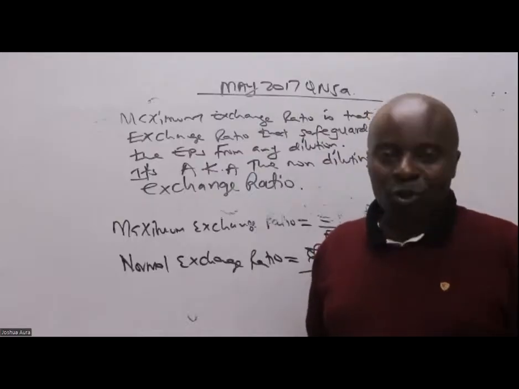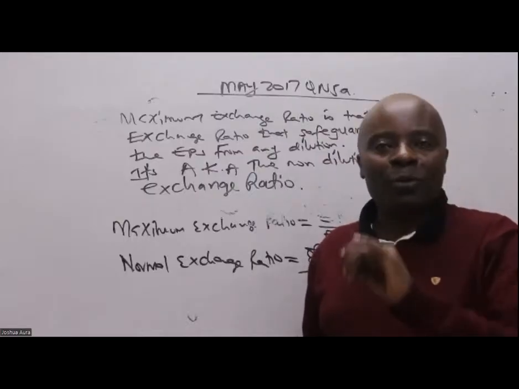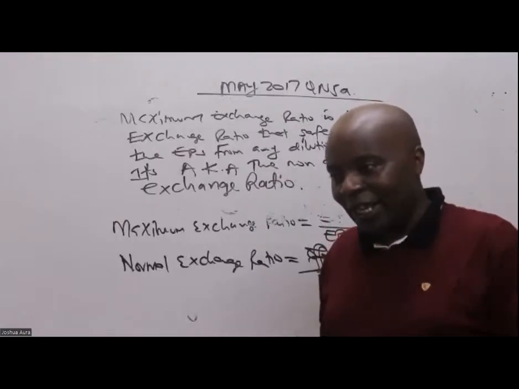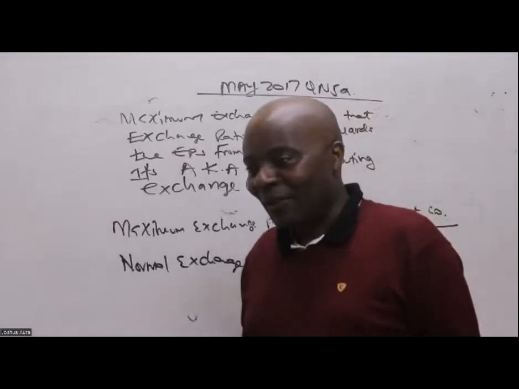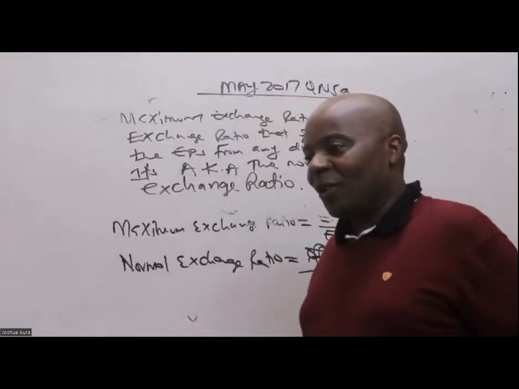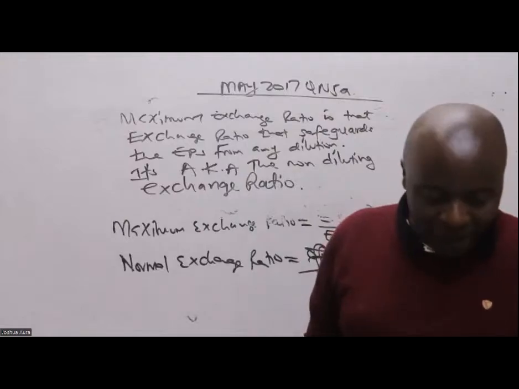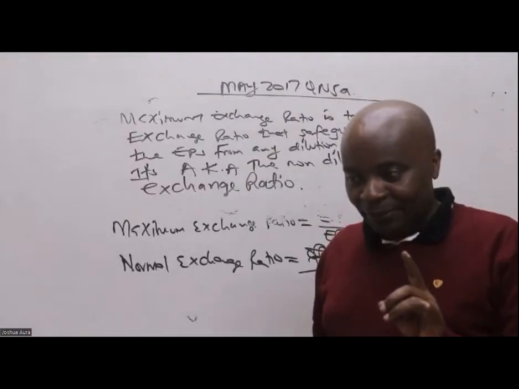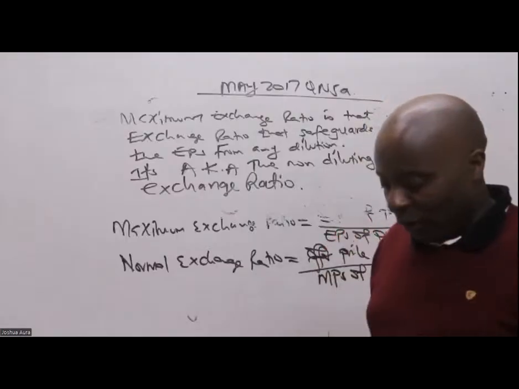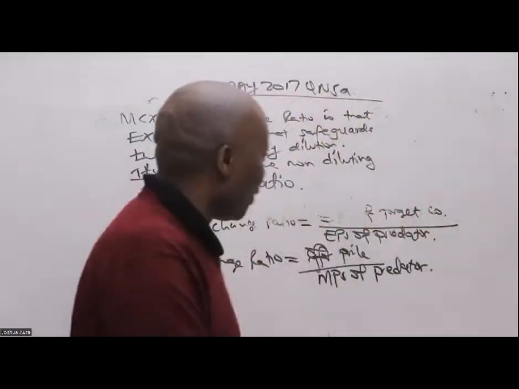Like in this question, they have given me an offer price. Are you able to see that we have an offer price of 20? There's a price which is offered there. So when there is an offer price, always calculate the normal exchange ratio.